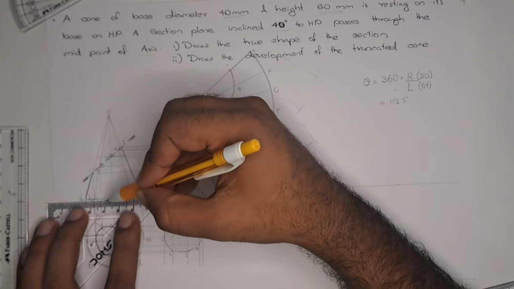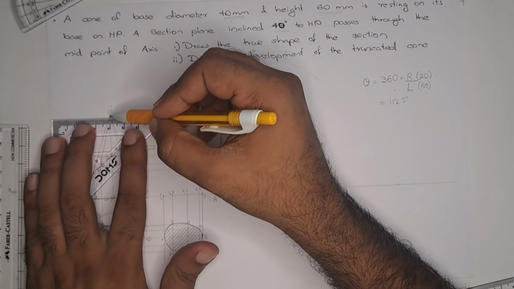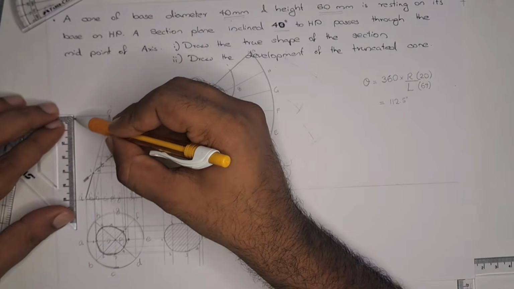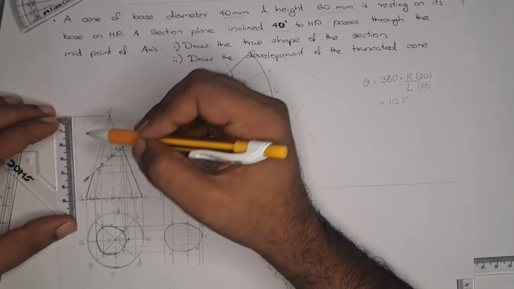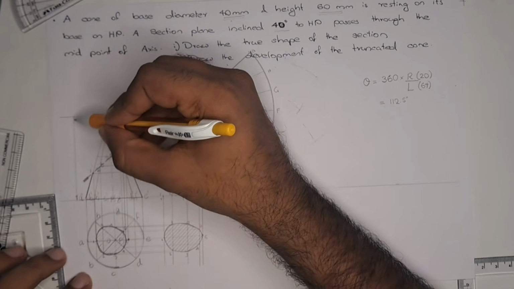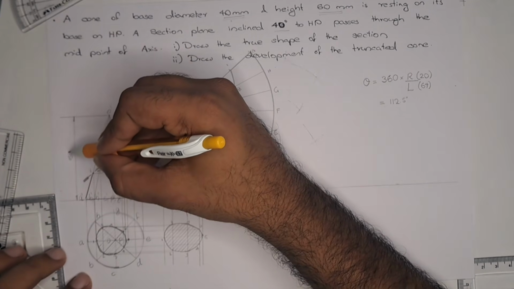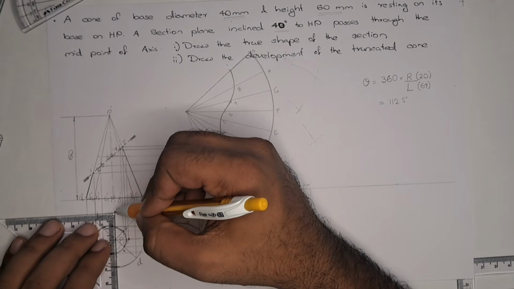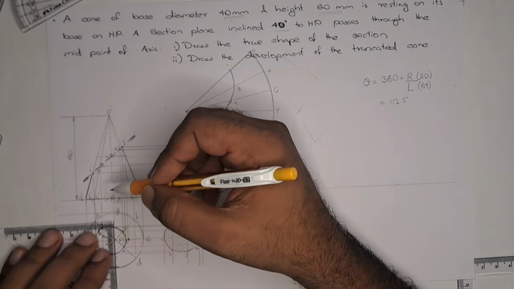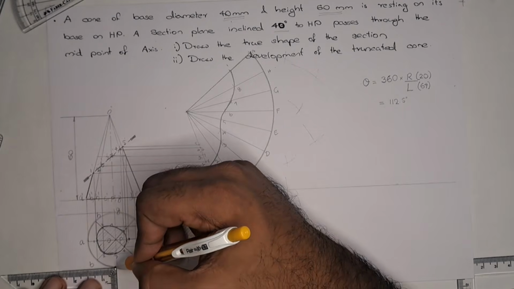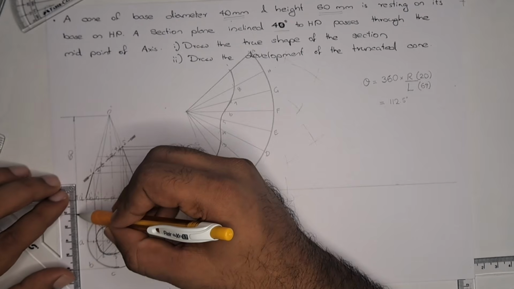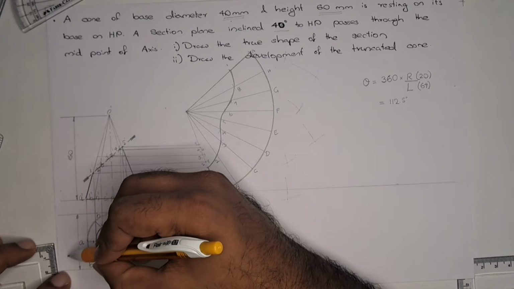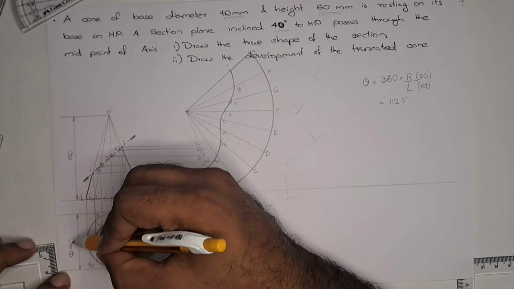So we can mark it here. Sixty, and that means diameter 40.